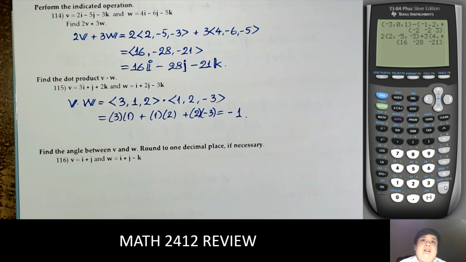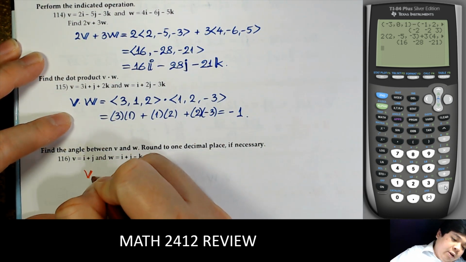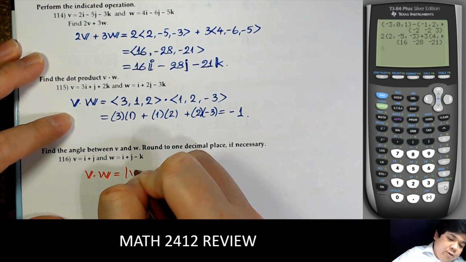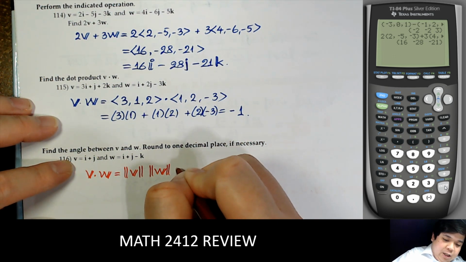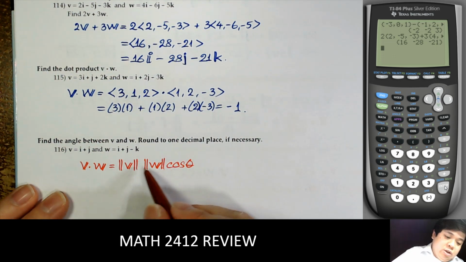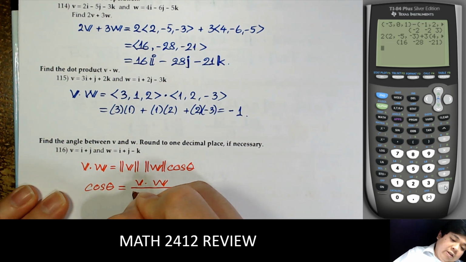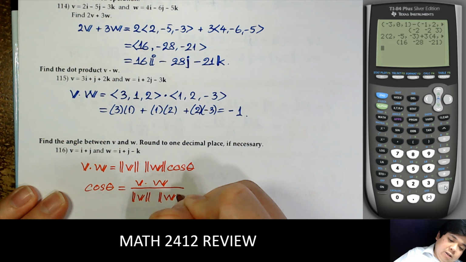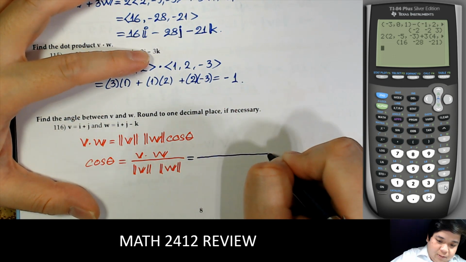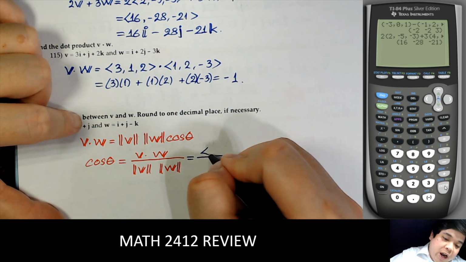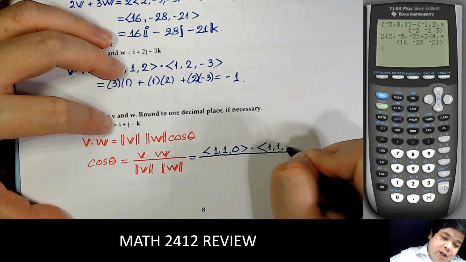Next, find the angle between the vectors. The dot product is equal to the product of the magnitudes times the cosine of the angle in between them. So if we want the angle, we take the dot product divided by the product of the magnitudes. V is 1i, 1j, no k, dot W is 1i, 1j, negative k.